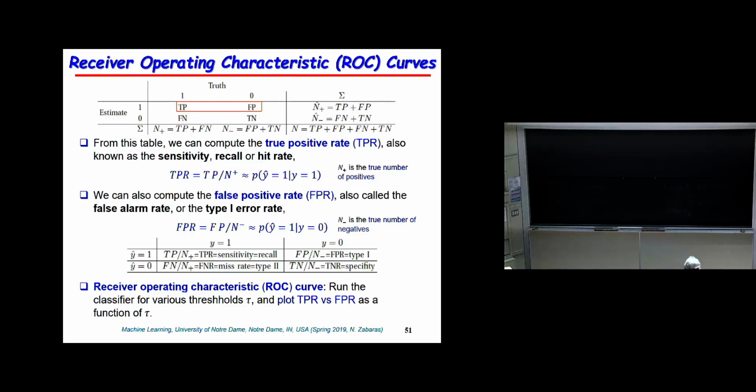So what I want to do is plot the true positive rate versus the false positive rate as a result of the classifier, but for all possible values of the tolerances tau that I use in my classification process. Not just for one tolerance, but for all possible values.